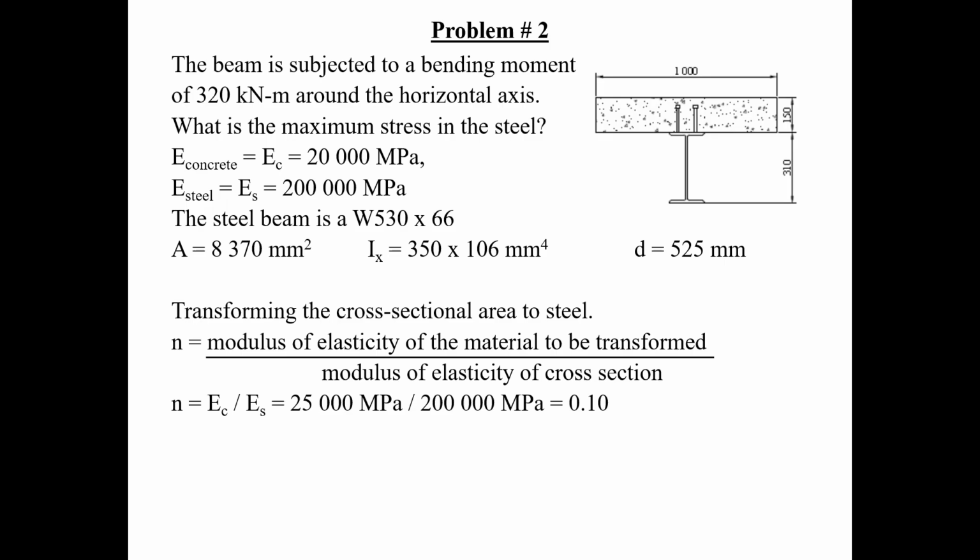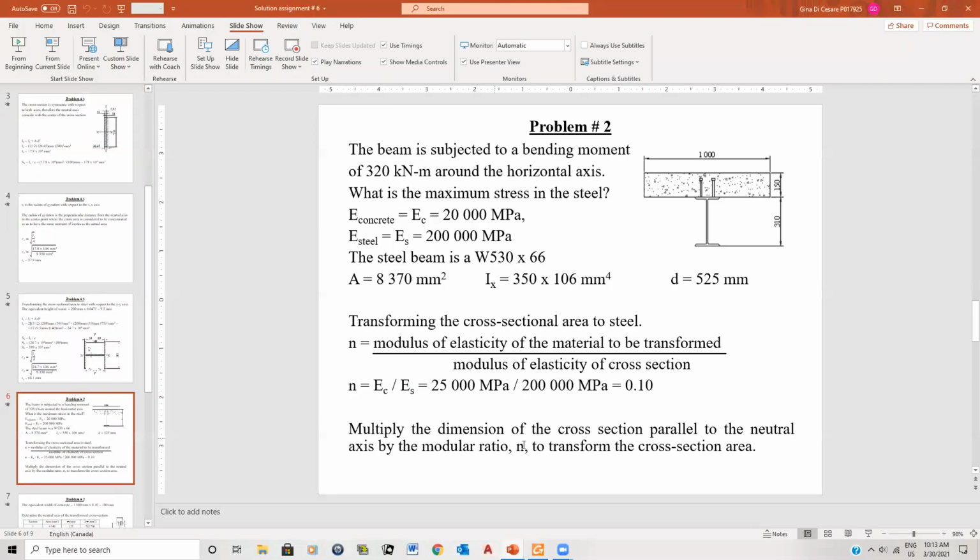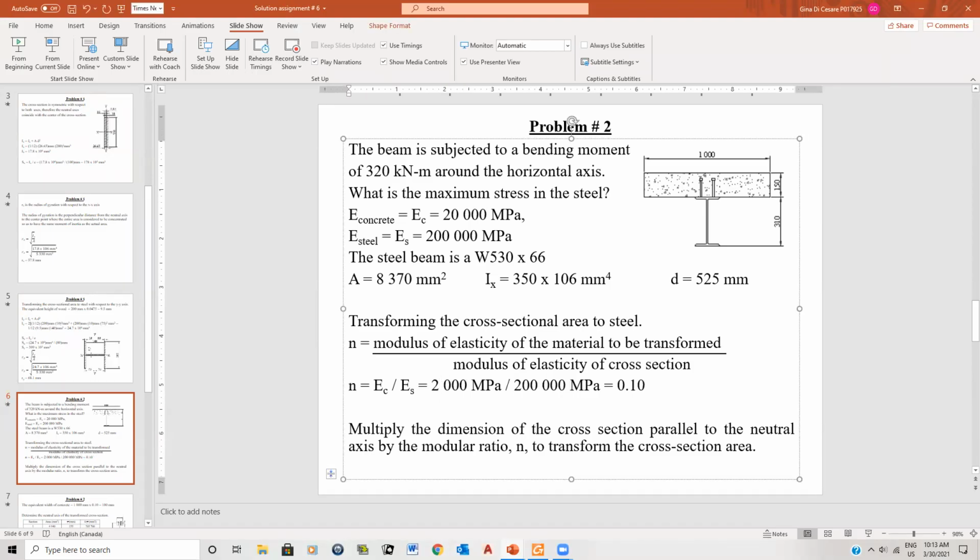This is wrong. This should be 0.125, guys. Am I correct? Oh no, because I put the wrong number here. Sorry, this is a typo. I apologize for that. This is supposed to be 20,000. That's a typo, and therefore it is 10.